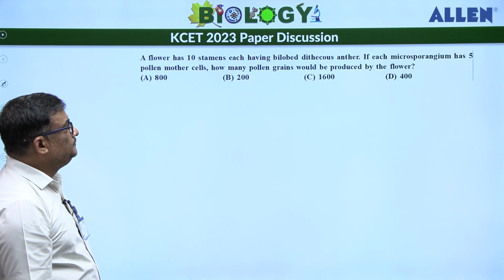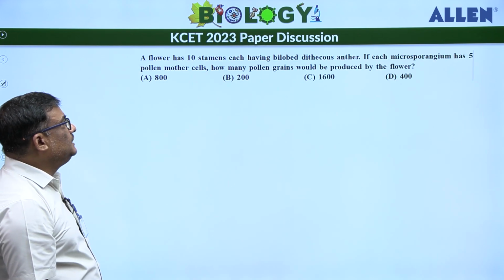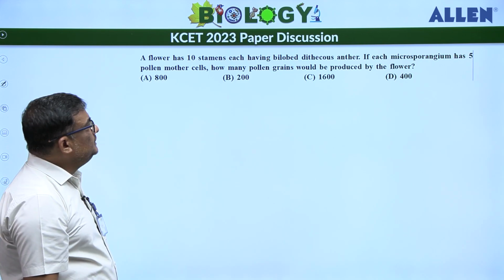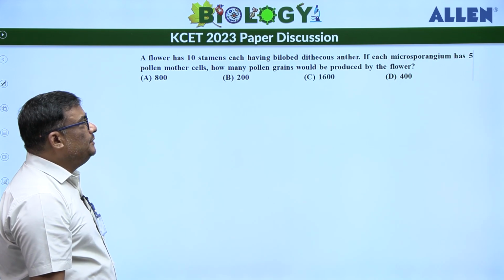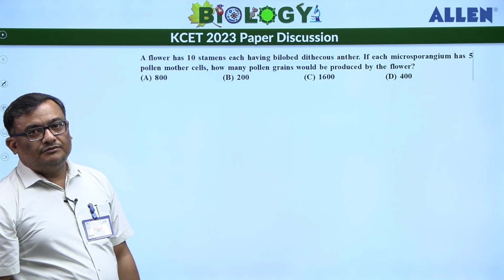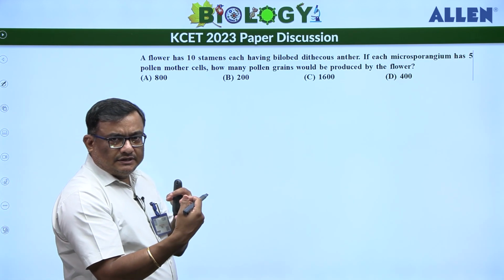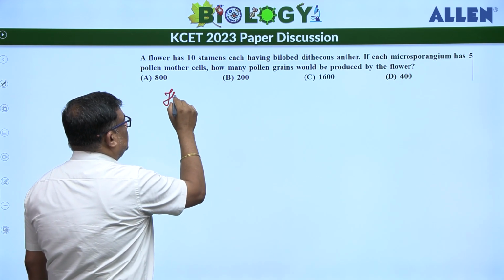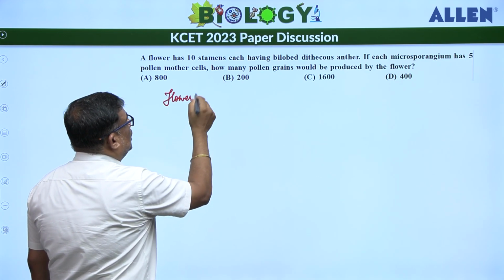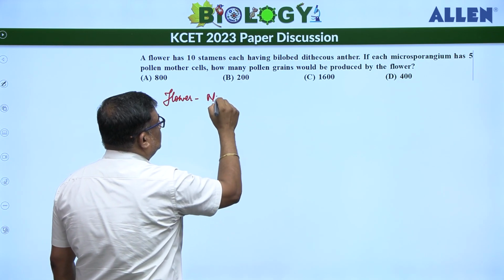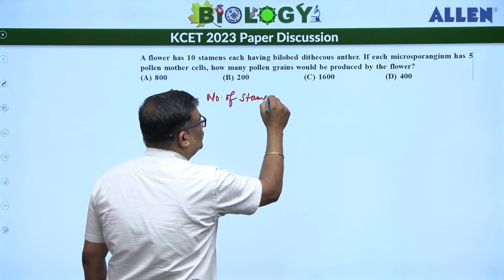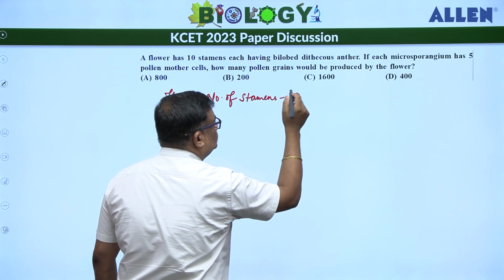Next one now. A flower has 10 stamens, each having a bilobed dithecous anther. If each microsporangium has 5 pollen mother cells, how many pollen grains would be produced by the flower? Now we can calculate and you can see how it goes. So in a flower, how many stamens are there? Number of stamens are 10.